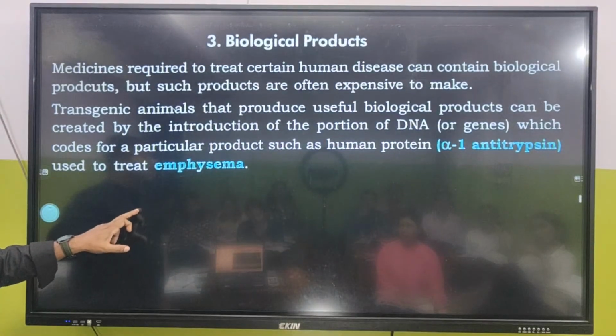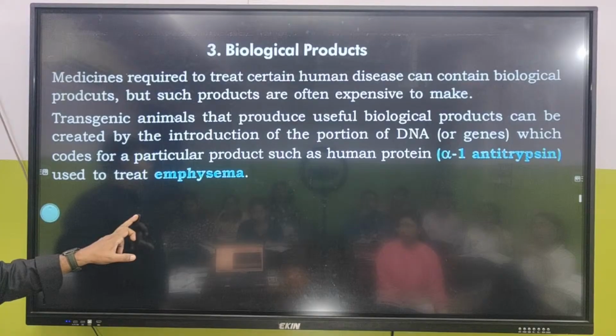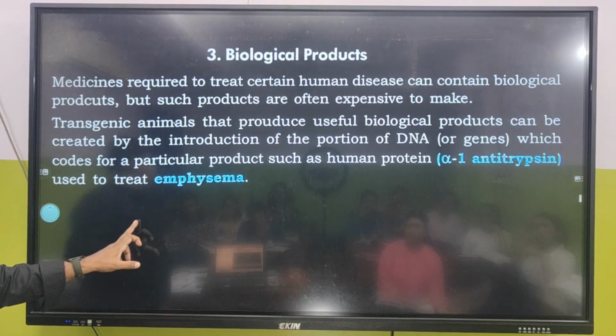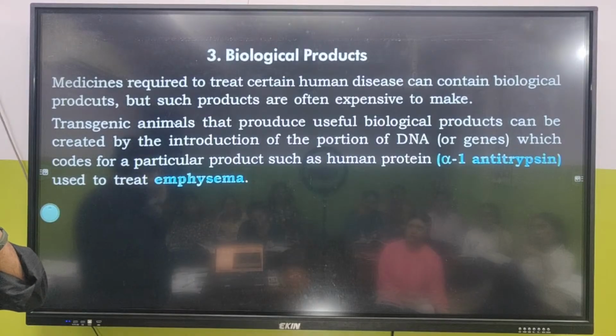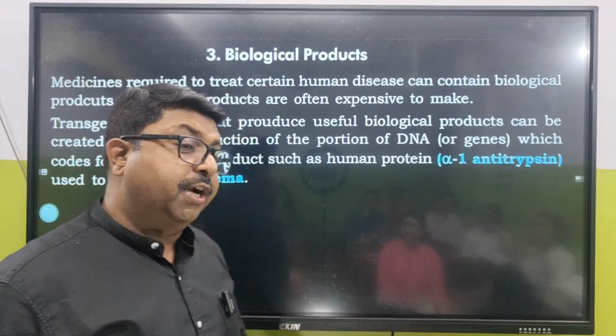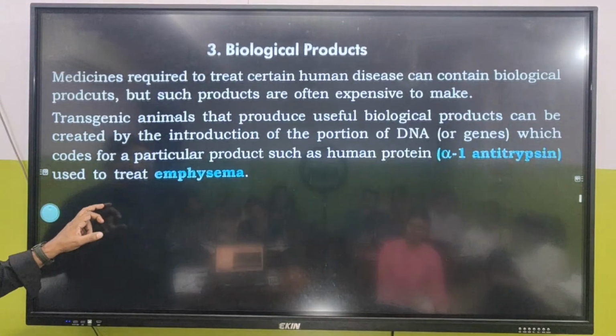Tell me. The frontal lobe. Alzheimer's is produced due to deficiency of dopamine or acetylcholine. Alzheimer's, dopamine, acetyl. Check it out.